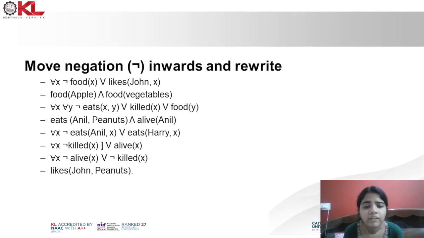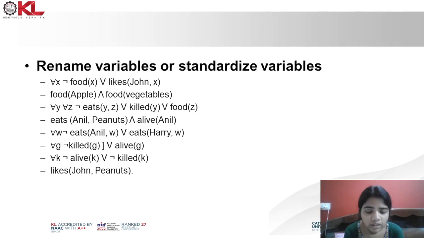So basically we have to prove that John likes peanuts, and we will move this negation inwards and rewrite these statements once again, and again we rename these variables, or standardize variables. So basically we have to get an answer that the resolution is that John likes peanuts.